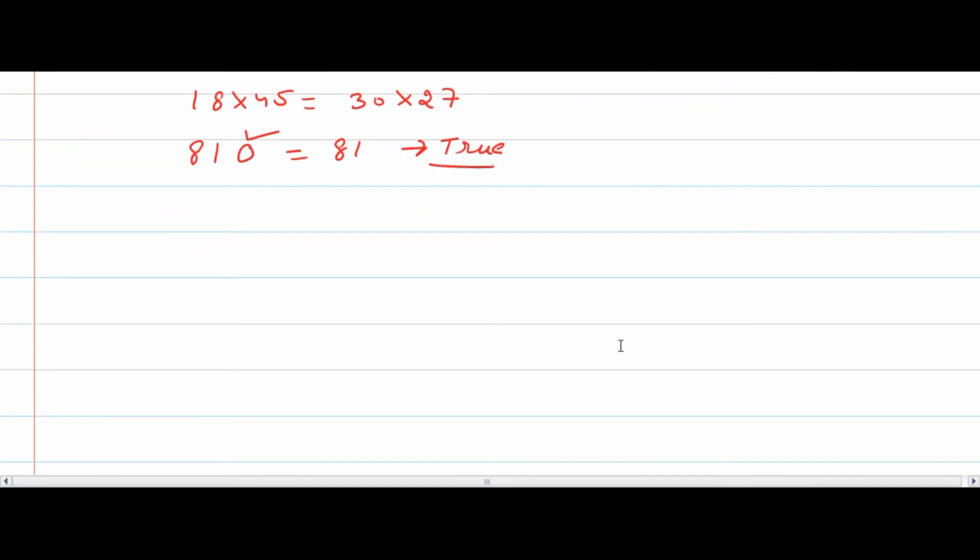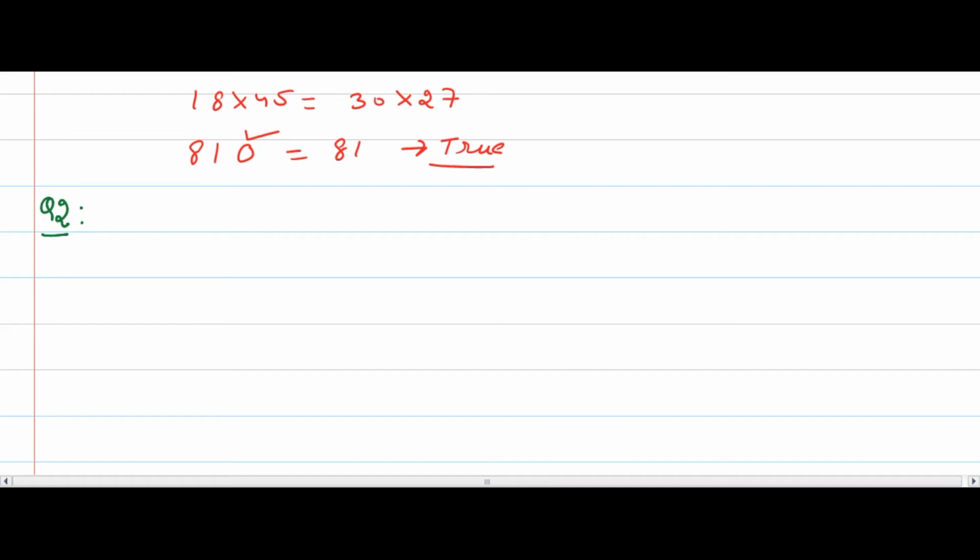Now we will move on to question number 2. What is this question number 2? We will write it here. Question 2.